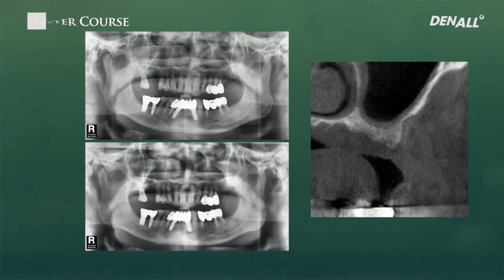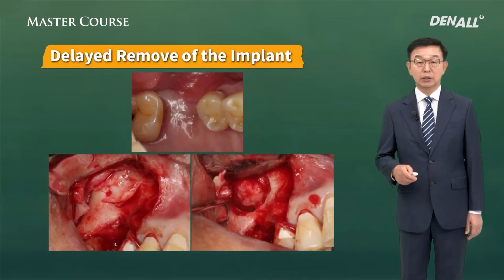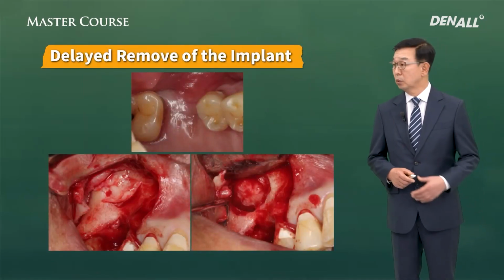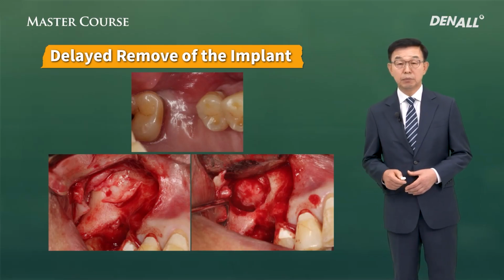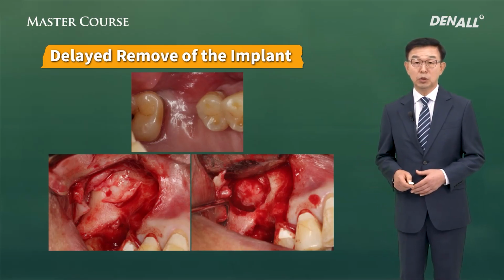Because there was severe inflammation, I just sutured the soft tissue. I waited sufficiently, more than 3 months, so that the soft tissue within the sinus could heal completely. In this case, I waited for more than 4 months. After that, using the same method, lateral window approach was done and the implant was placed.